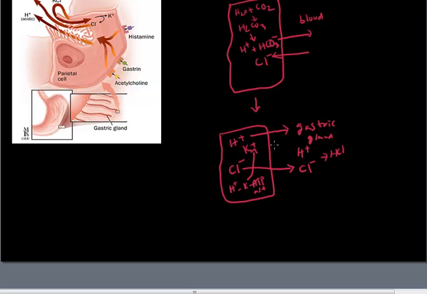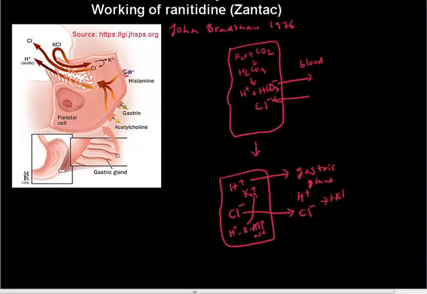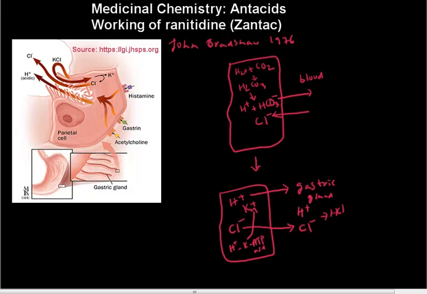So let's go back and take a look at what happens when you take an antacid like ranitidine. We all know that hydrochloric acid is needed for digestion of protein. When you eat steak or fish, you need the pepsin enzyme that can digest the protein. Hydrochloric acid basically activates pepsinogen, which is the inactive form of the enzyme, to pepsin.